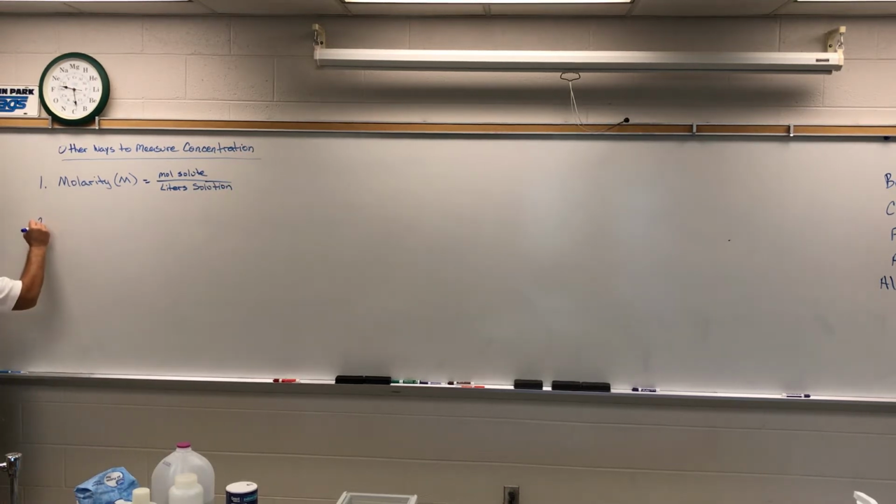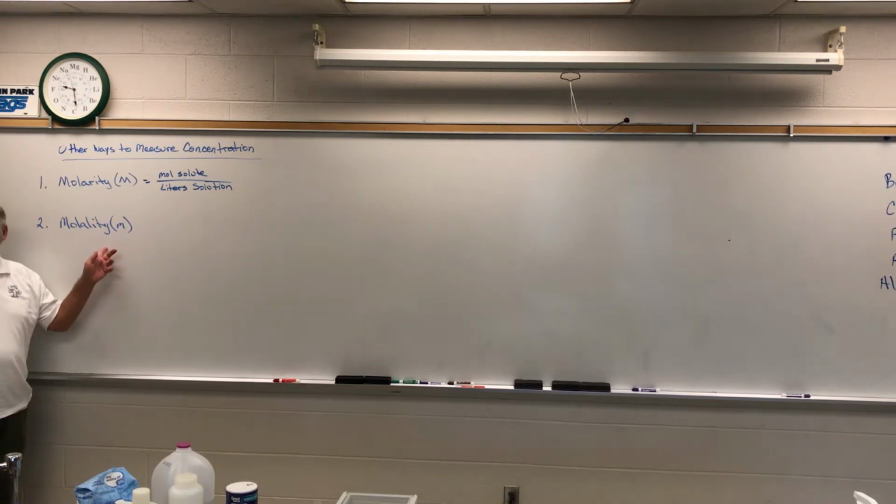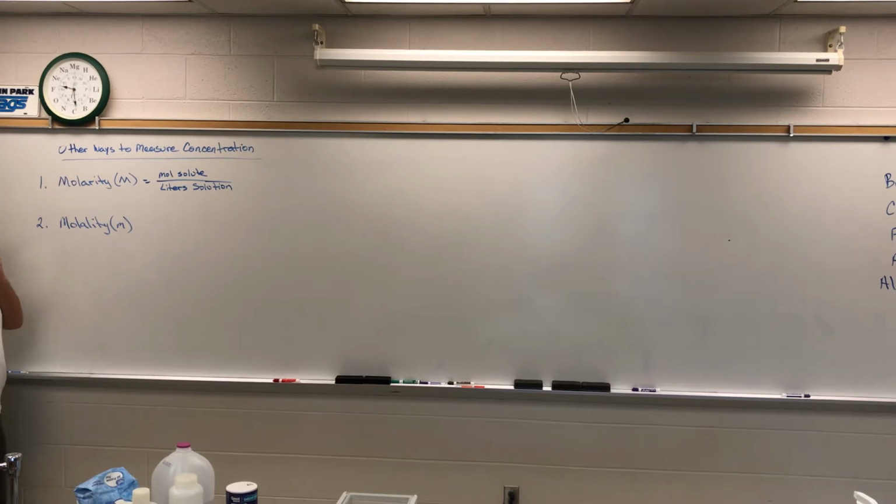Capital M. The second one is molality, and it's really an italicized m. I can't draw an italicized m, but an italicized m is what we use for molality. The only time that I know that molality is used is in freezing point depression and boiling point elevation problems, when you try to figure out how much, when you put salt into water, it lowers the freezing point.